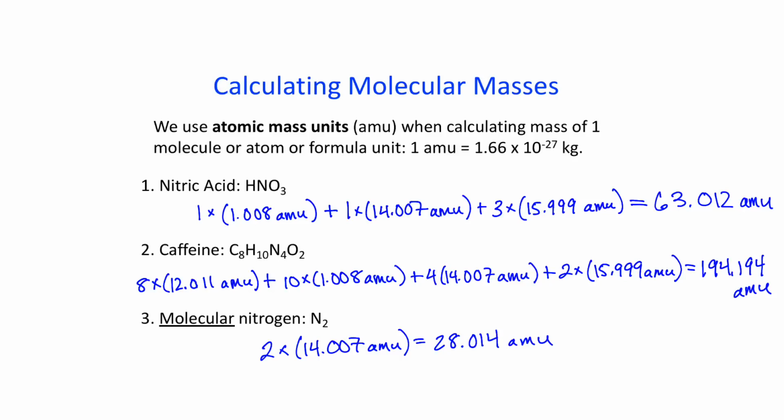Hopefully you ended up with 194.194 AMUs for caffeine. And then again, nitrogen, a simple calculation, but just remember that molecular nitrogen has 2 atoms, so don't forget to account for both of them in your calculation there.